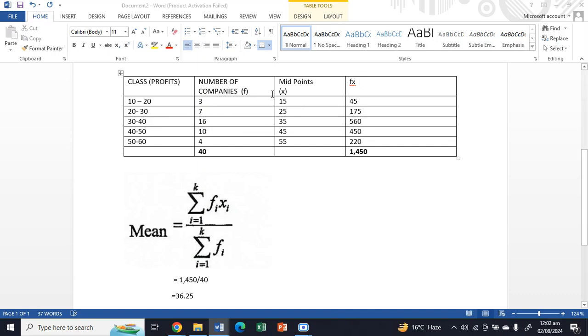So we're just multiplying frequency by the midpoint. Okay, next is now the median.